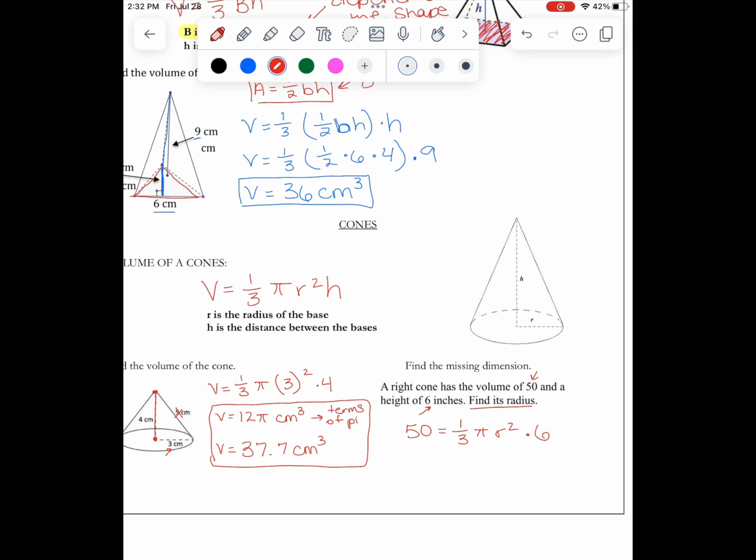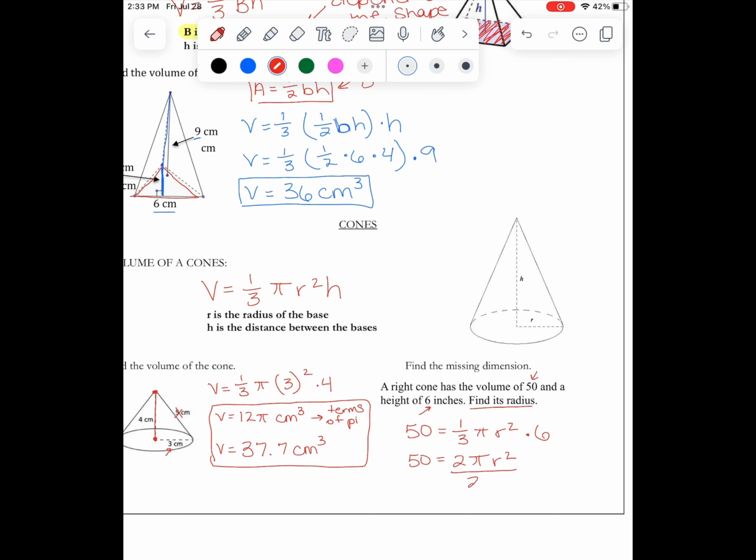Now we need to rearrange this formula using algebra to solve for r. So in order to do this, my first step is going to be to multiply 1/3 times 6. So I'm going to rewrite this. 1/3 times 6 gives me 2 pi radius squared.